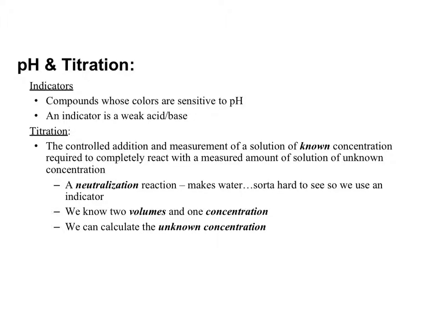You will always know 2 volumes and 1 concentration in the lab tomorrow, and in the practice problems today, and you'll be able to calculate the unknown concentration. Or sometimes you'll know the 2 concentrations and 1 volume, and you can calculate the volume necessary to titrate something.